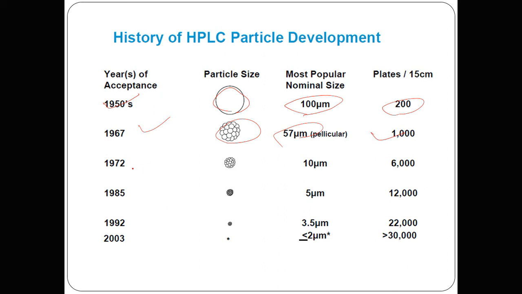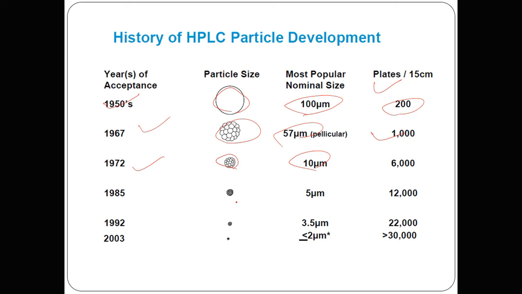In 1972 it was reduced to 10 micron, and plates was 6000. A plate number means you will get better results at the time of method development. I will explain plates further in our next slides.